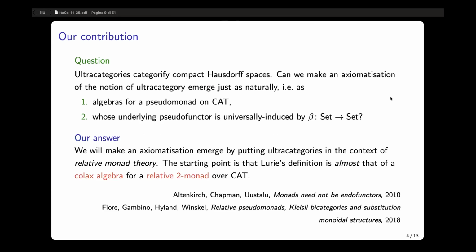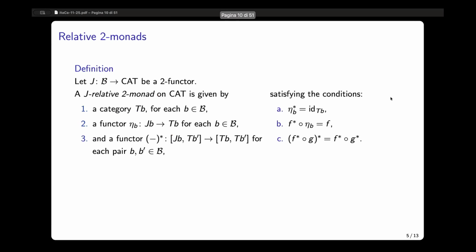What we will do instead is, the starting point of this was the observation that Lurie's ultracategories are almost exactly algebras of some kind for a relative monad, for a relative 2-monad over Cat, in this case locally small categories. So we will use and generalize some tools from relative monad theory to address this issue.